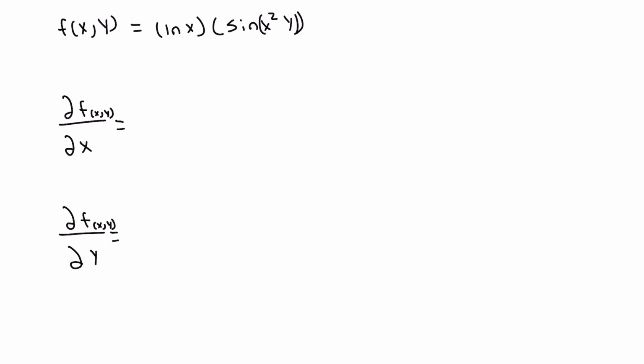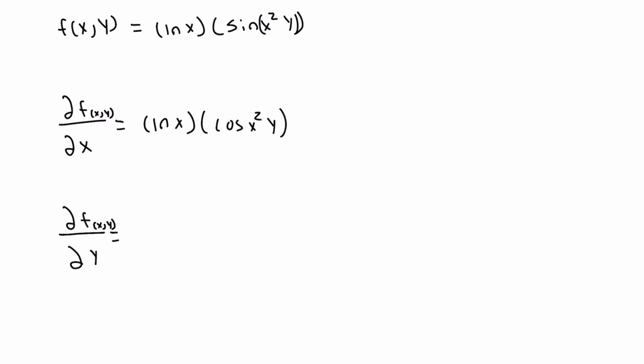Since we're multiplying two things together, we have to use the product rule. So we have the natural log of x times the derivative of the second expression, which would be cosine of x squared times y. And then we also have to differentiate the inside.